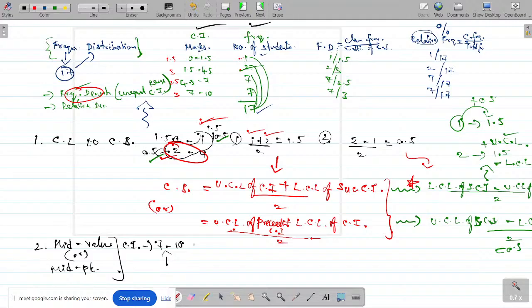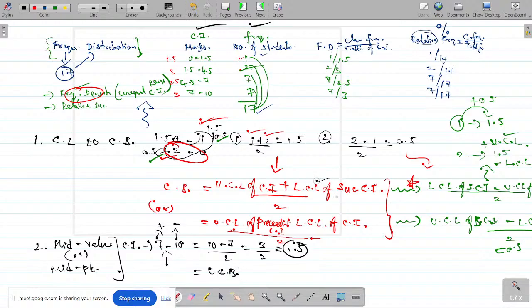Either you can subtract, 10 minus 7 divided by 2, which is 3 by 2, which is 1.5. This 1.5 could be added over here or subtracted over here. What is this 10? Give me a formula now. It is the upper class boundary, not limit, boundary.